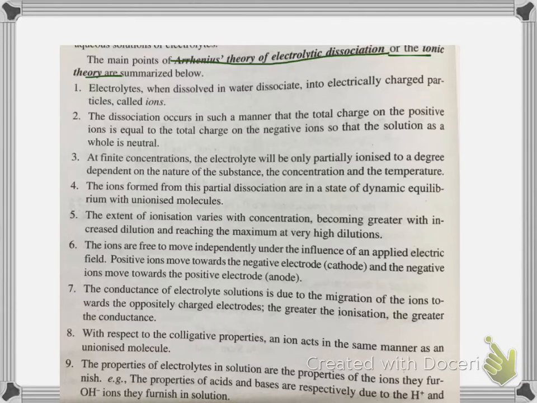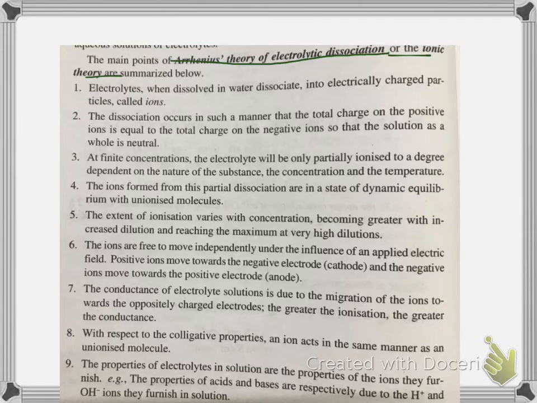At first we have to see the main points or postulates proposed by Arrhenius in this theory. He actually proposed all these postulates after conducting many electrolytic experiments.